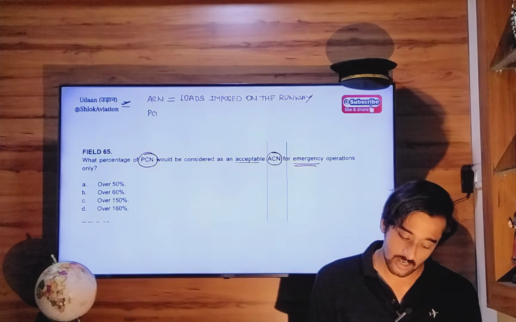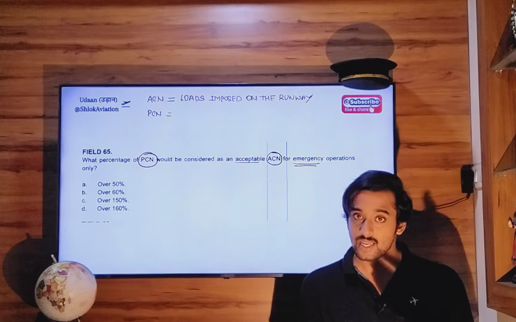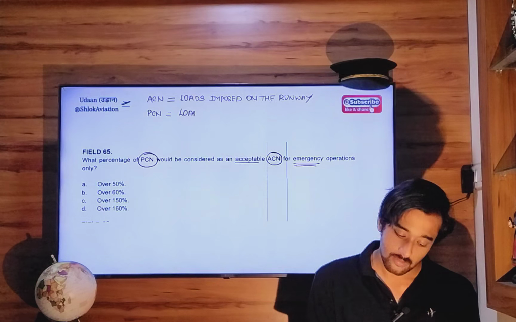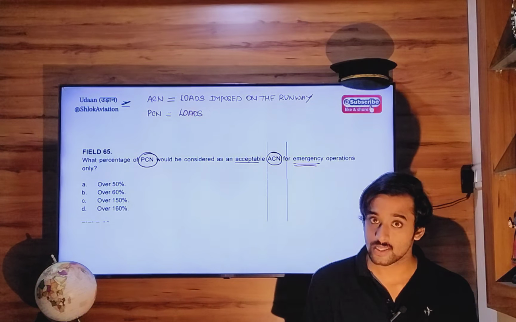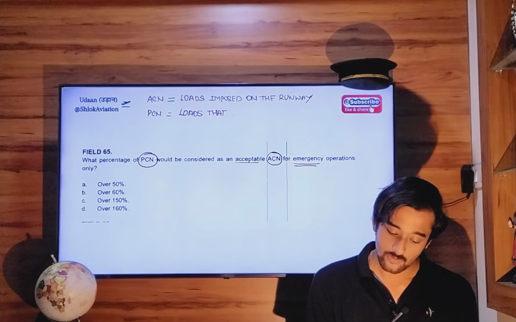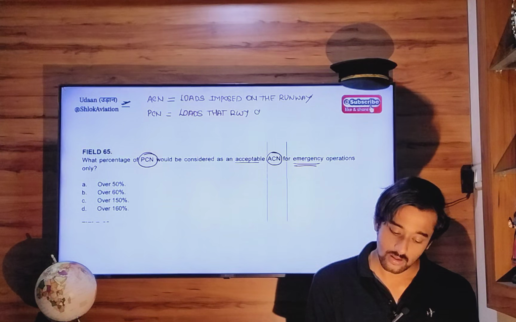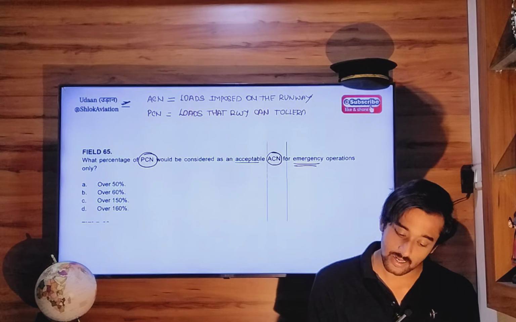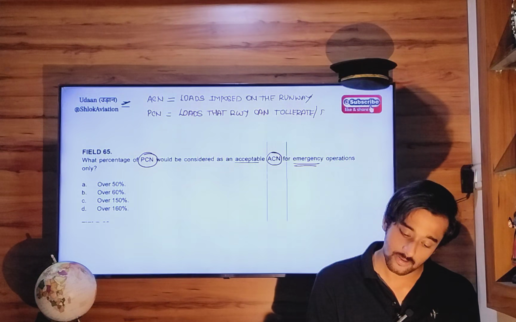Pavement classification number is a number which signifies the maximum loads that this particular runway can tolerate, can withstand, bear, whatever.